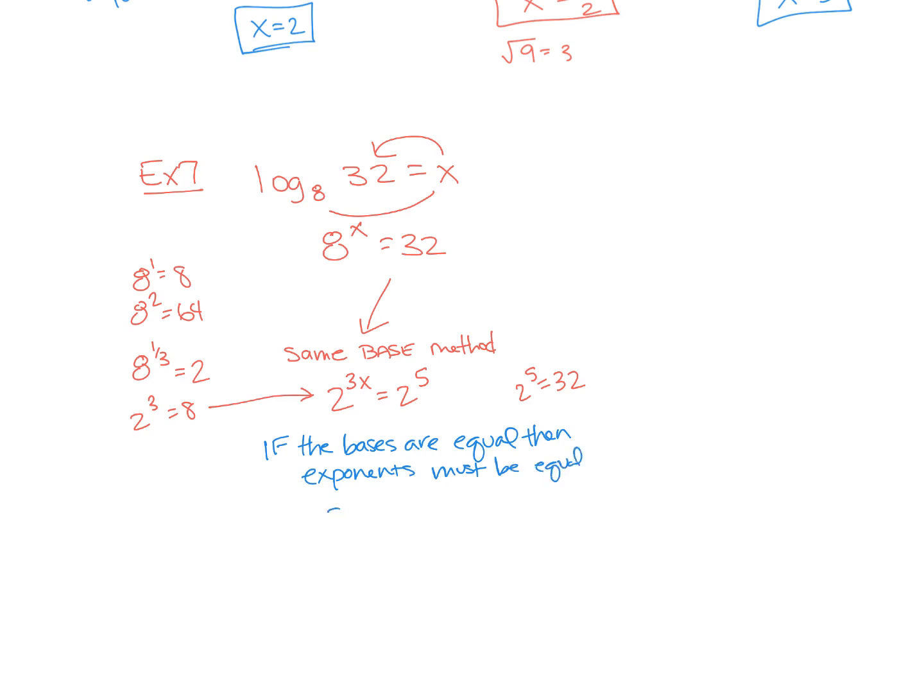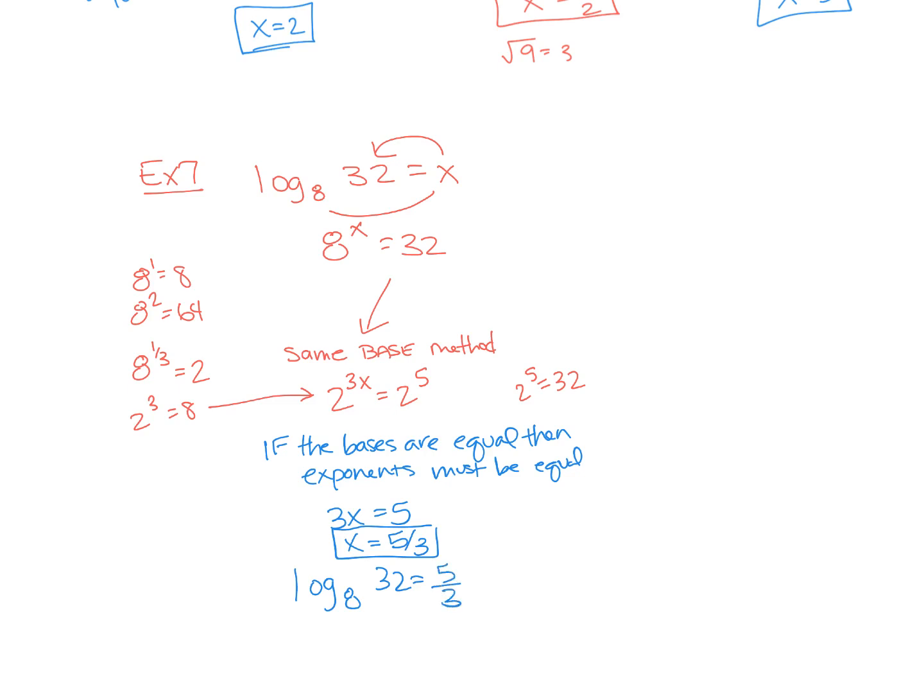So I'm going to rewrite this as 3x equals 5. I know those two must be equal. So I'm going to divide both sides by 3, and I'm going to get x equals 5/3. So that means this is the answer to my problem. This means log base 8 of 32 equals 5/3.